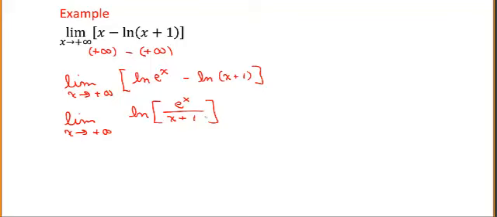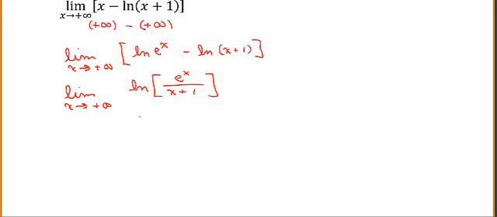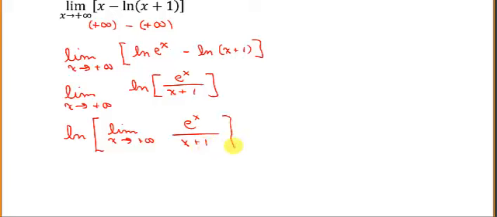And now because of the continuity of natural log, I can take the limit inside, and I'll have the natural log of the limit as x approaches positive infinity of e to the x over x plus 1. And this I could apply L'Hopital's rule to.